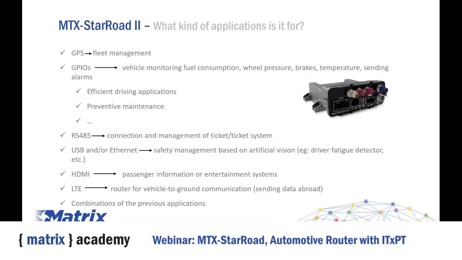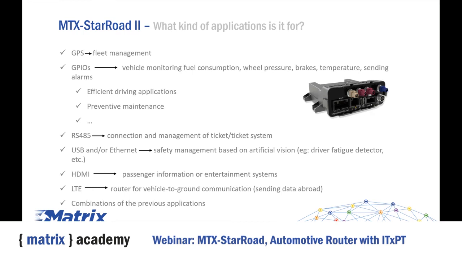Using the RS485, we can have some connection and management of the ticketing system. Using USB or Ethernet, we can have some safety management based on artificial vision, like driver fatigue detector or signals on the road.